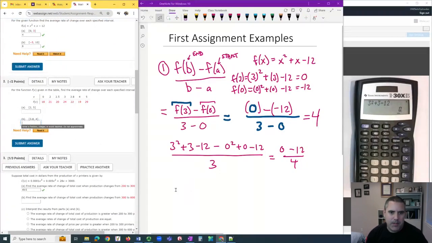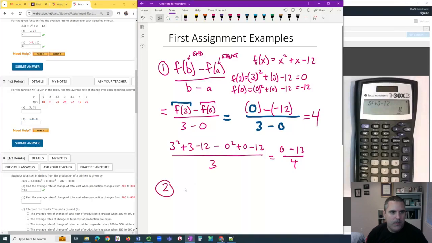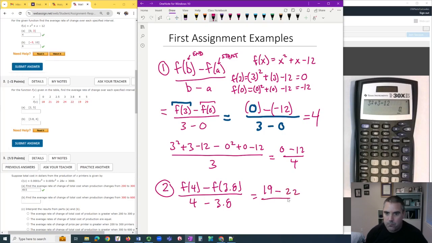It's the exact same thing, but it happens to be with a table. And so we're trying to do f of 4 minus this, over the difference. These shouldn't be too bad, but a good chance to kind of get back in the mode. This one's easier to do in your calculator because it's going to be 19, so we just look in the table for the value, so that's actually easier, over this.